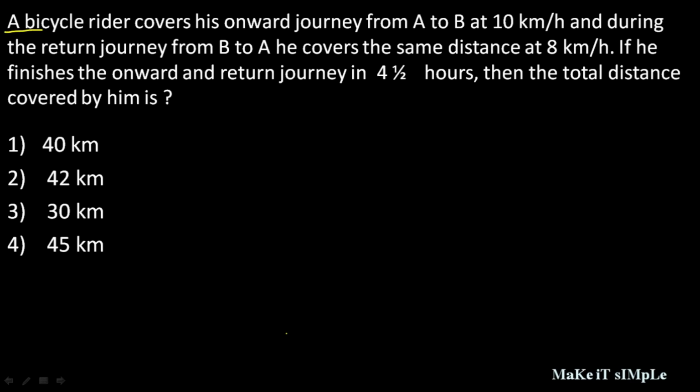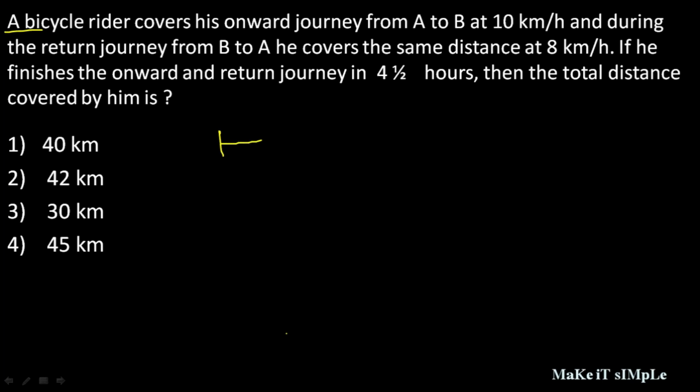A bicycle rider covers his onward journey from A to B at 10 km per hour, and during the return journey from B to A, he covers the same distance at 8 km per hour. If he finishes the onward journey in 4.5 hours, then total distance covered by him. Okay, now first we will see the conventional method.